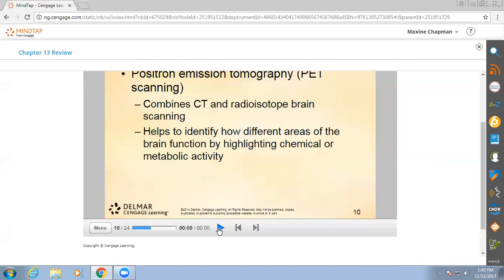And then there's PET scanning. It combines CT and radioisotope brain scanning. So PET scanning helps to identify how different areas of the brain function by highlighting chemical or metabolic activity.